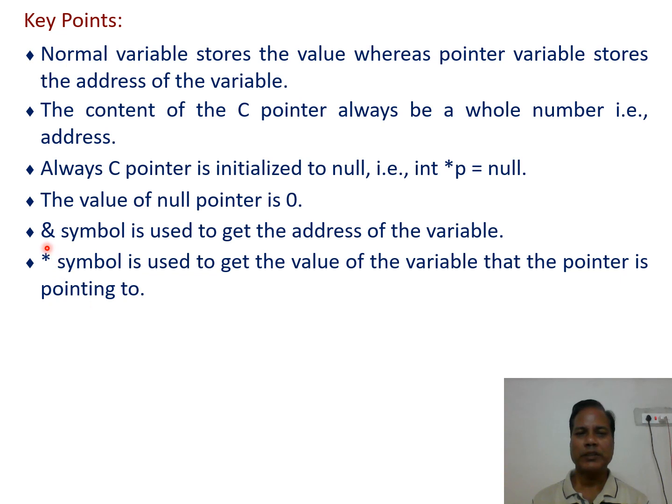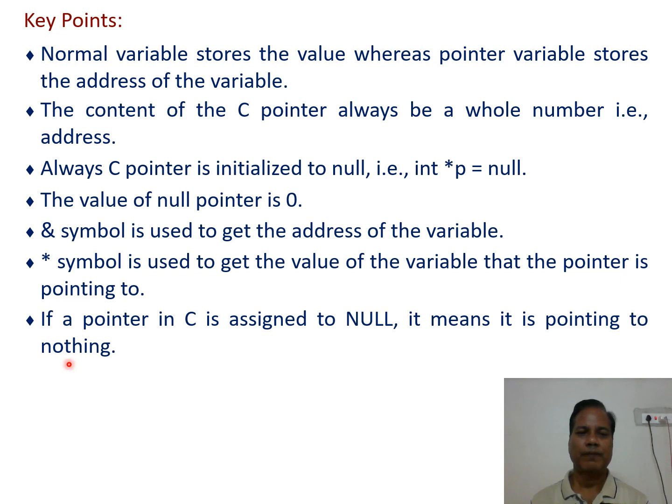So again, see, the ampersand symbol is used before the variable name to get the address of the variable, whereas the asterisk symbol is used before the pointer variable name to get the value of the variable. If a pointer in C is assigned to null, it means it is pointing to nothing.